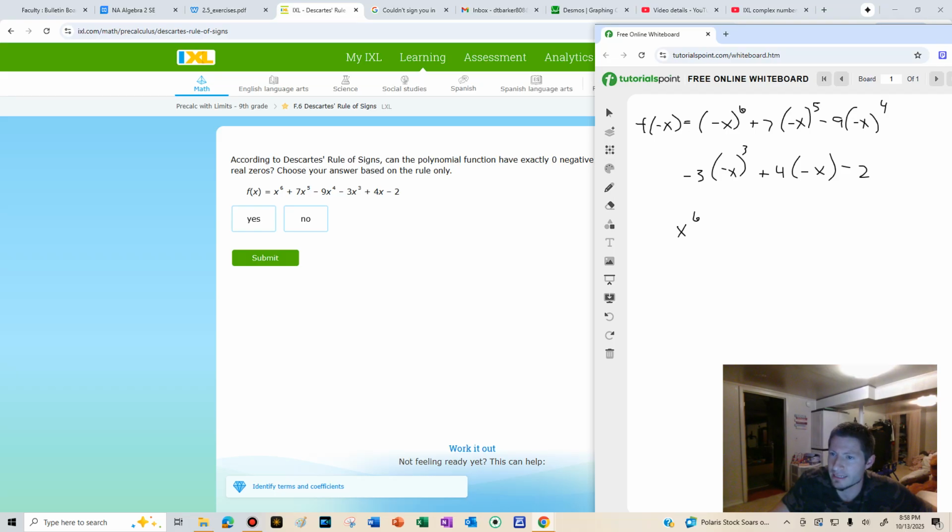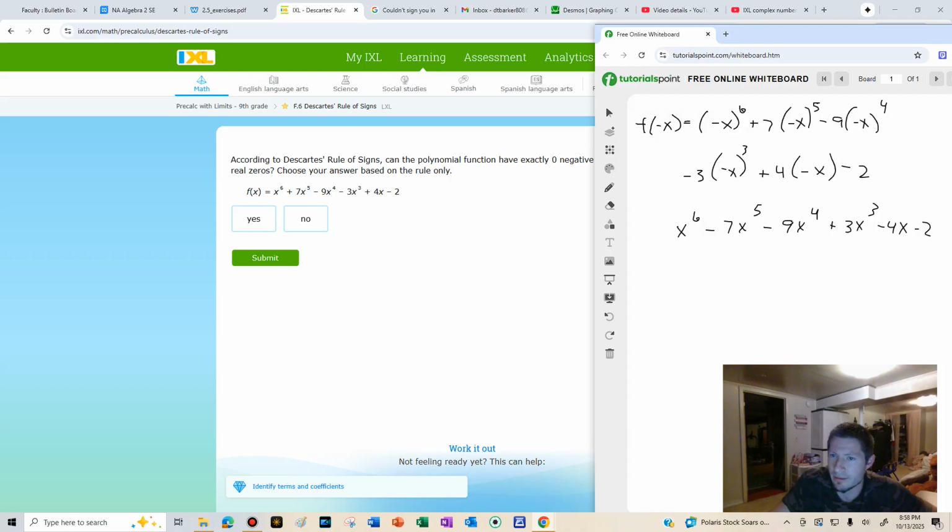This is staying a negative, so that's minus 7x to the 5th. This is becoming positive, then being multiplied by a negative, so that's negative 9x to the 4th. This is staying negative because it's an odd exponent, and this is a negative times a negative, so that's a positive 3x cubed. Okay, this is a positive times a negative.